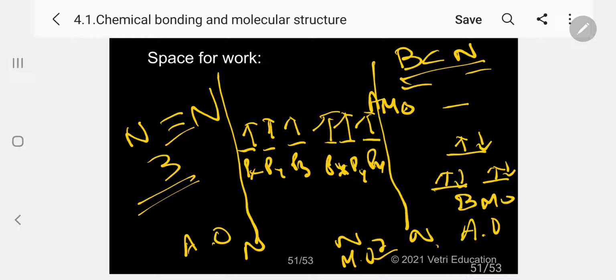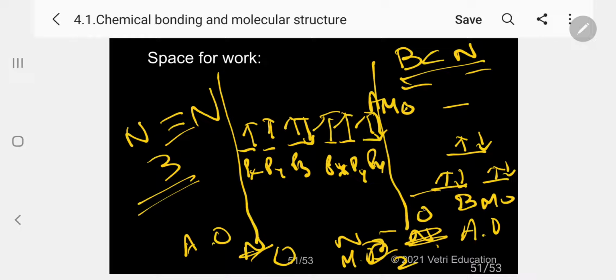So A is N2. Then O2 minus, how may you imagine O2 minus? Kindly follow. O means 4, and this is also 4, that means one side O, one side O minus, so O2 minus is forming.